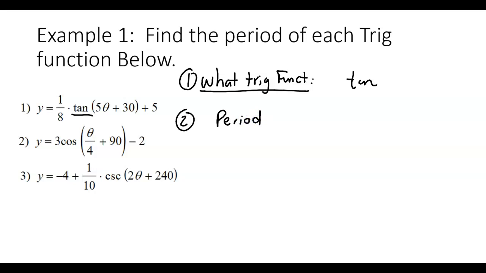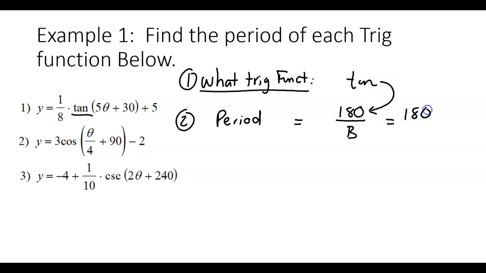It's usually 180. So we're going to divide that by the b value. Okay, so for tangent, usually the period is 180, and now we're going to divide that by the b value.